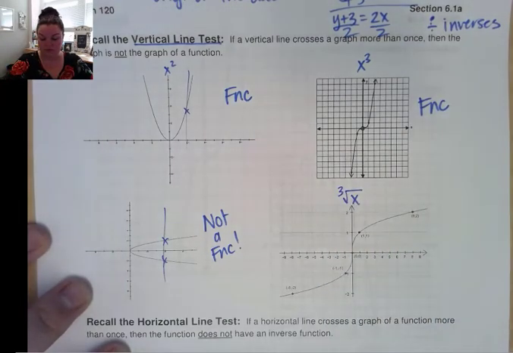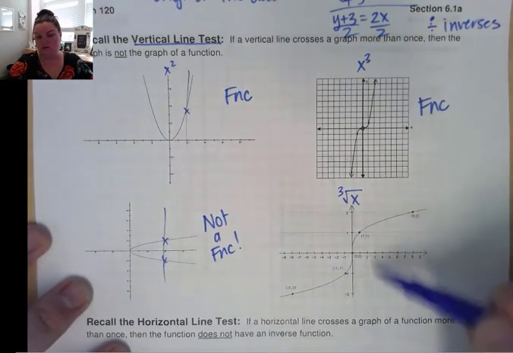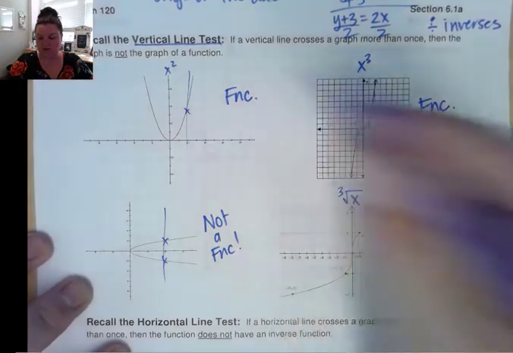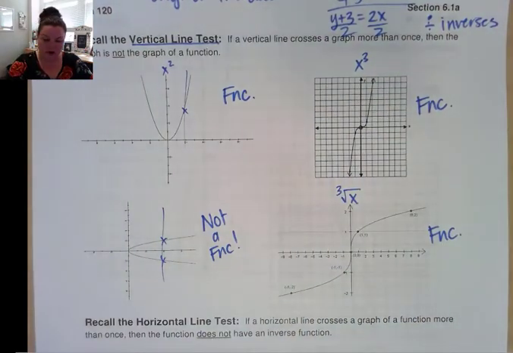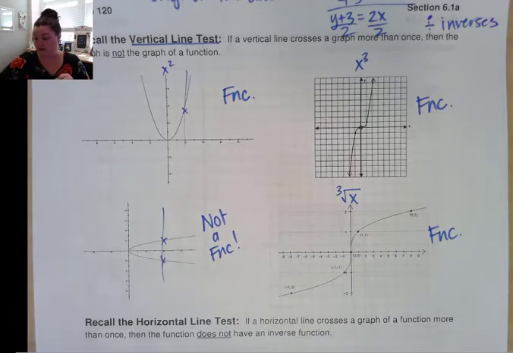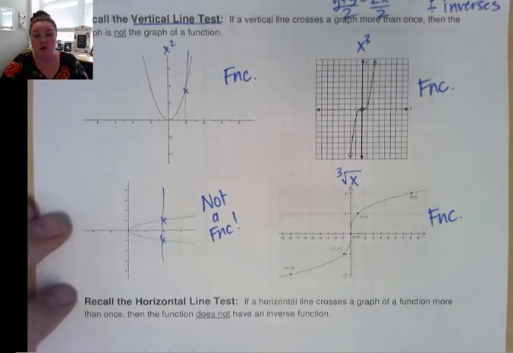This is actually my cube root function. And notice if I draw a vertical line anywhere on here, it's only going to hit one place. So this one's also a function. So I think y'all probably are familiar with the vertical line test and checking to see if something is a function or not.